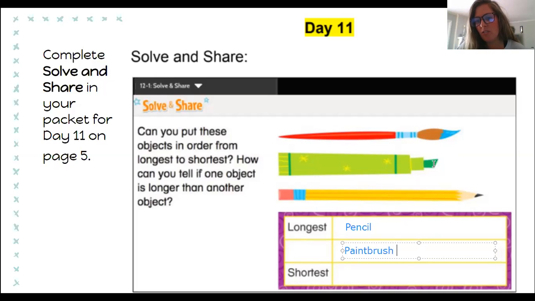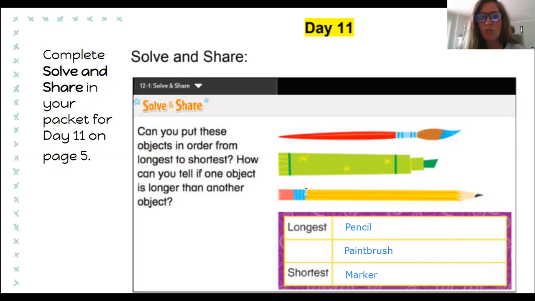It comes out just a little bit further than the marker, and then the marker is going to be our shortest object. And we know which object is longer than the other ones because of how much farther one goes out from the other. And they are lined up correctly.